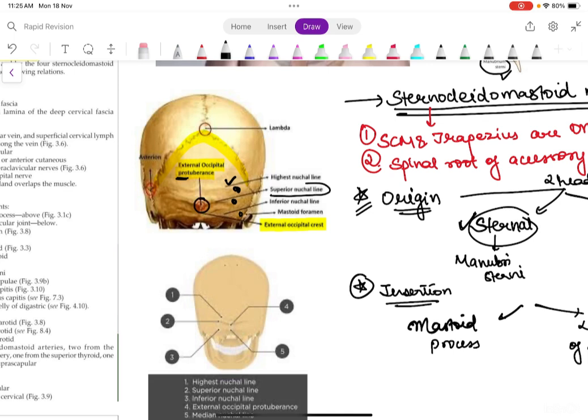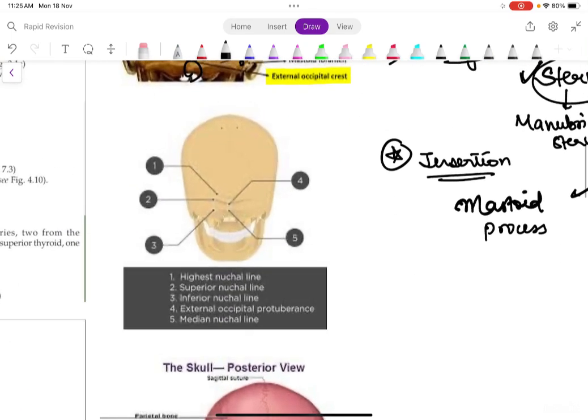I told you P comes first, so protuberance is in the superior nuchal line, and then crest is in the inferior nuchal line. All right, so this is also same. In this, what you can see is this is highest, then this is superior, then we have third inferior nuchal line, and this is our occipital crest. All right, then they are also showing occipital protuberance, which is this one, right? Very good. And then fifth is the medial nuchal line.